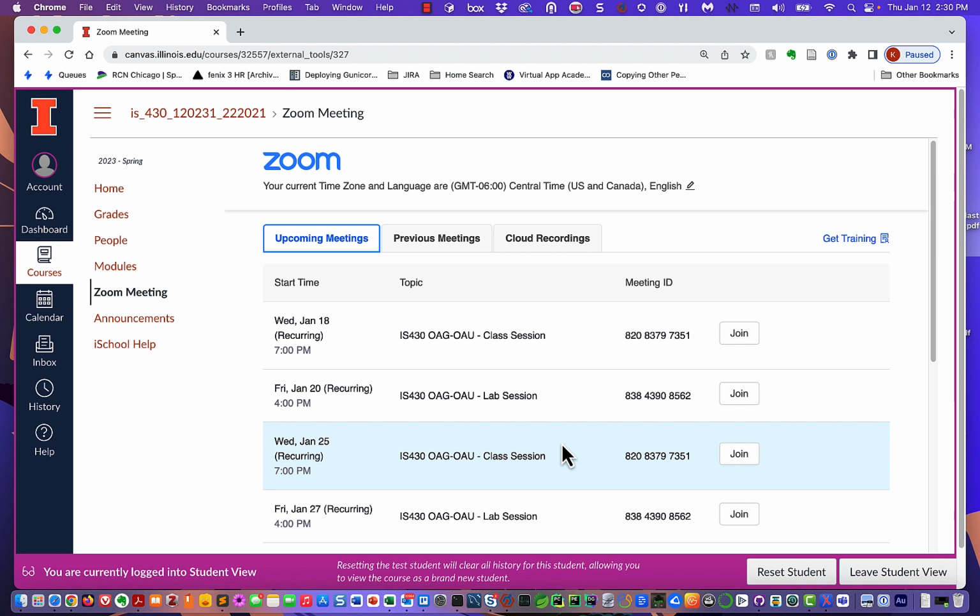I've created Zoom links for classes because we're going to use Zoom as a way of sharing our screens even when we're in an on-campus face-to-face class. We're not in a classroom that is a screen sharing classroom.